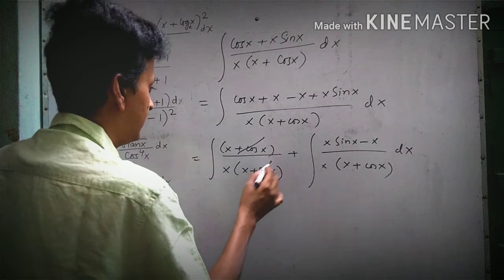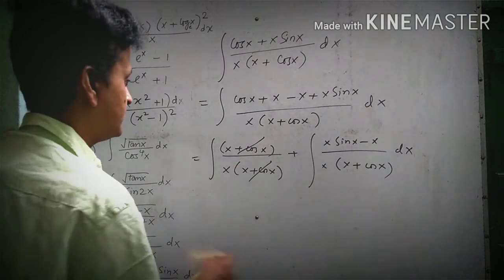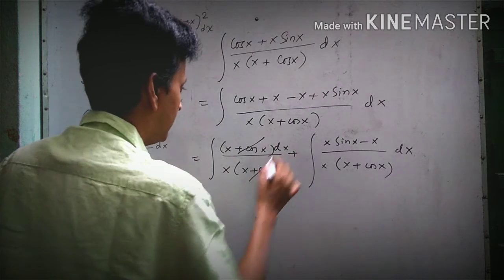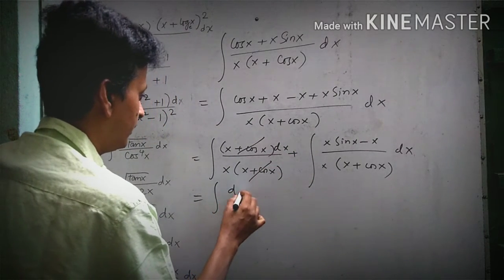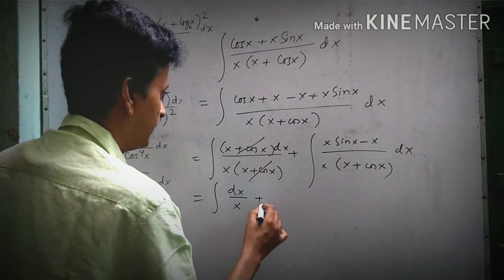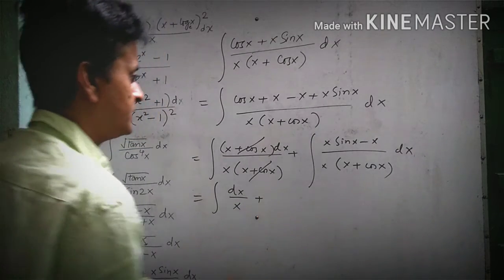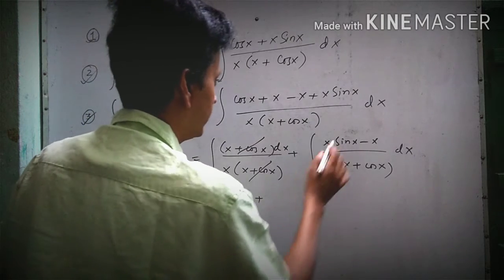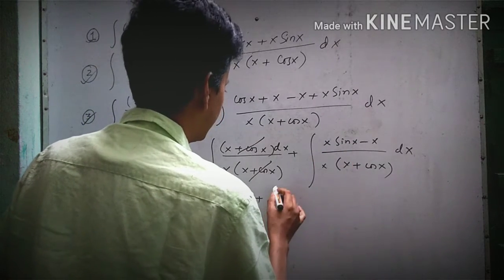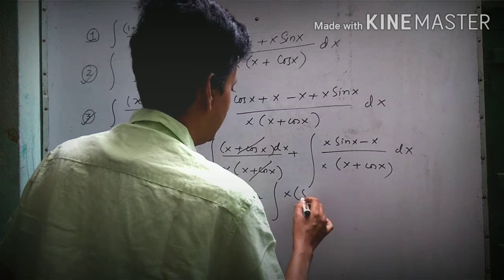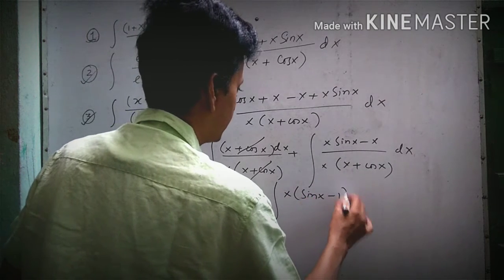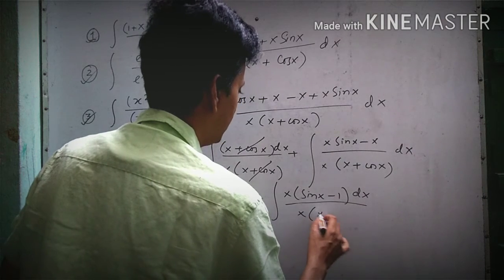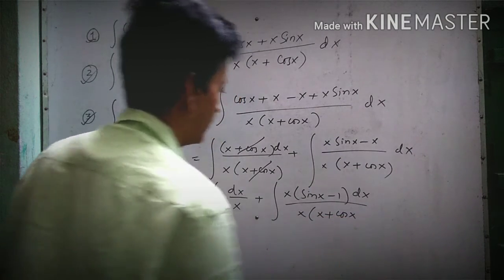Here we can cancel x plus cos x. Therefore we get integration of dx by x plus, here we can take x common, so we can write x into sin x minus 1 dx by x into x plus cos x.